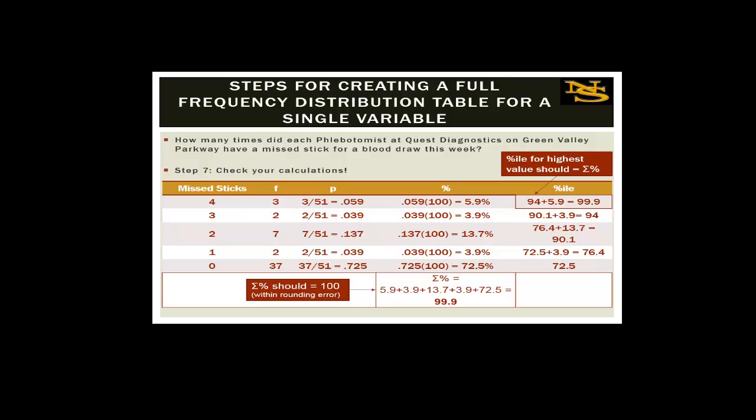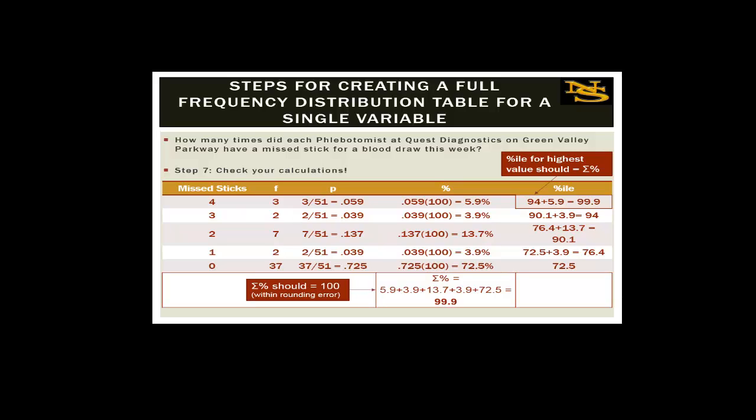It's within rounding error. Now, another way that you could check your work for your percentiles, remember that's the one that people tend to mess up on. Make sure that once you get up to the highest score in your data set, that percentile is equal to the sum of your percentages. Pretty close to 100 is what it'll always be, but it's nice to check and make sure that the rounding error is the same.